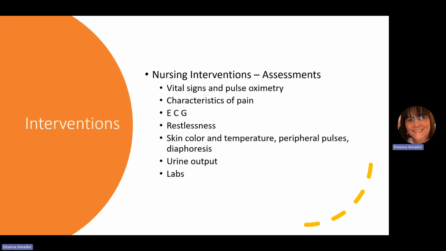A lot of times these numbers can stay elevated for 24 to 36 hours, and an actual troponin can stay elevated for as long as 10 days. So we definitely want to trend them and make sure our levels are on the downward swing so we know that we're not still infarcting.